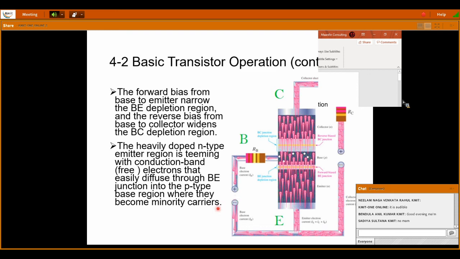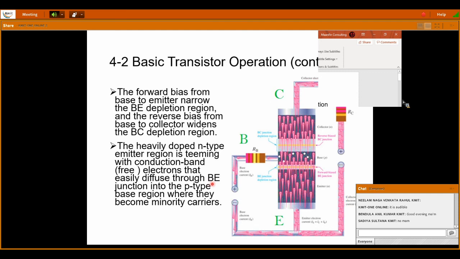Now if I go on increasing this input junction voltage, at the point of cut-in voltage, which for silicon is 0.6 to 0.7, and for germanium 0.2 to 0.3 volts, your barrier is nullified.